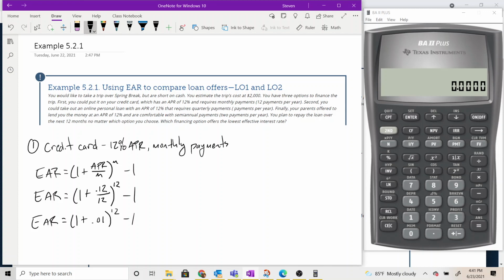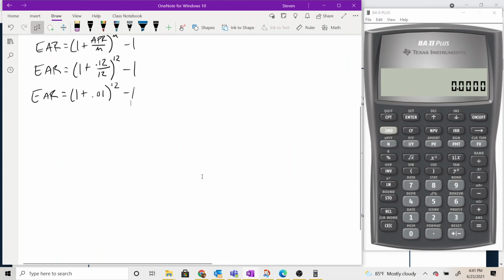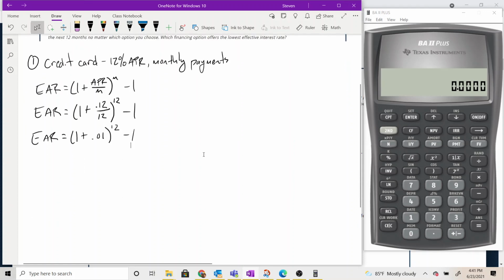The credit card company decides that you're going to pay 1% per month, and then they have to report the annual percentage rate to you. So they'll take that 1% per month and multiply it by the number of payments per year to get the 12% that they report to you. But as we're going to see in just a second, that ignores some big effects of compounding and underreports the effective rate that you're actually paying on your credit card.